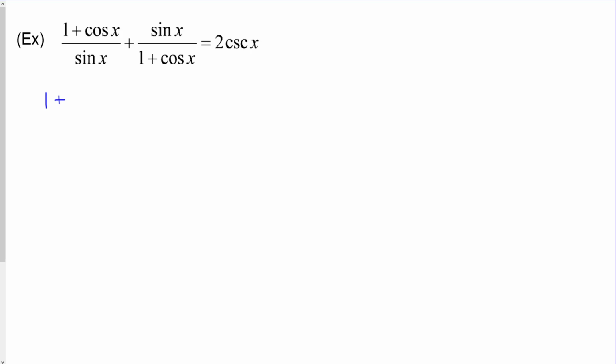So I've got two fractions basically, but the denominators are not the same. So I'm going to do a little bit of work in getting a common denominator between those things. In order to do that, I would need to multiply the first fraction by something and the second fraction by something else to get a common denominator.